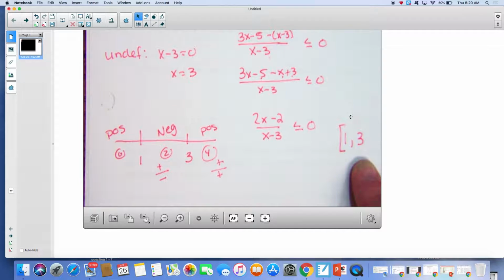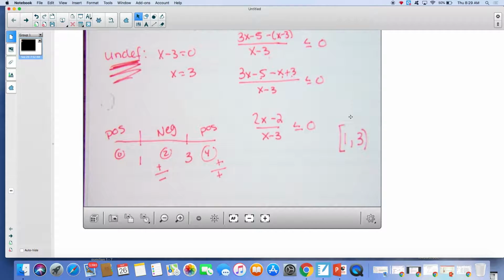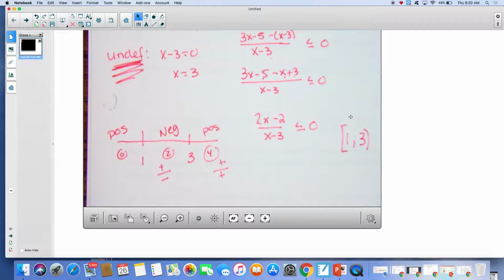No. Why not? Because 3 is where our function is undefined. What if the function was undefined at 4, then would we? Then 4 would be part of our endpoints. Questions?